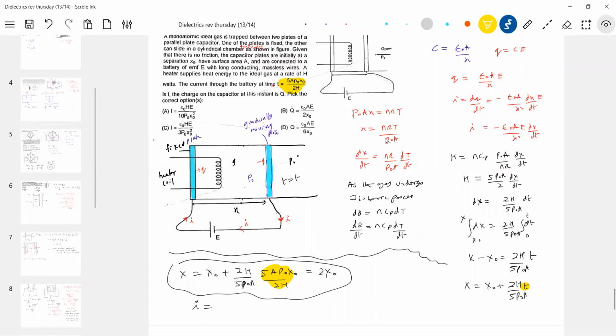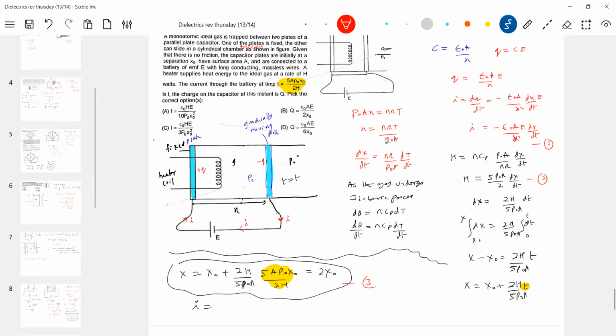Substituting. I'll take help of this equation. What is the value of x? It will be 2x naught. I'll write this as equation 1, and I think these are going to help. Equation 2. So the expression for I should be obtained by substituting 2 in 1 and x equal to 2x naught.